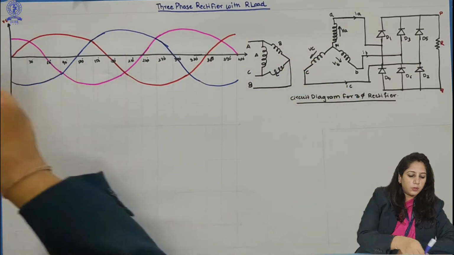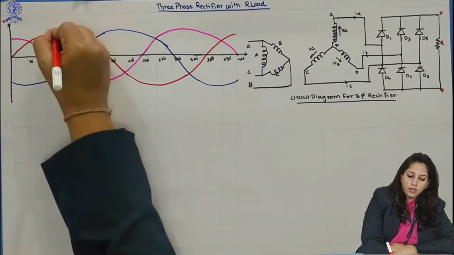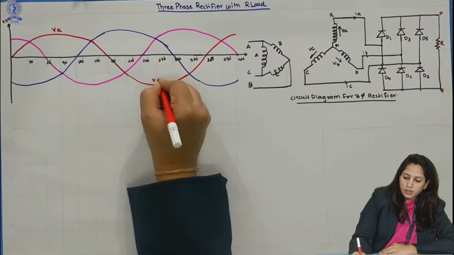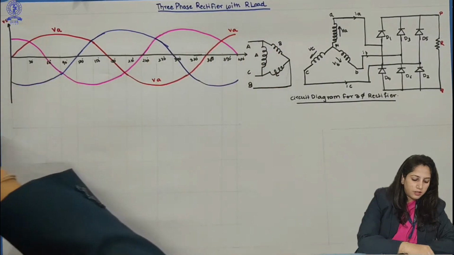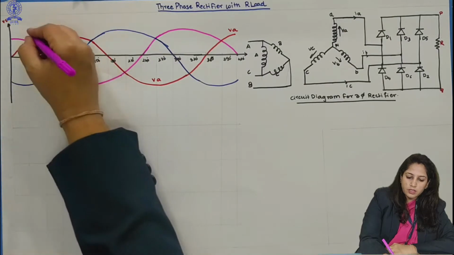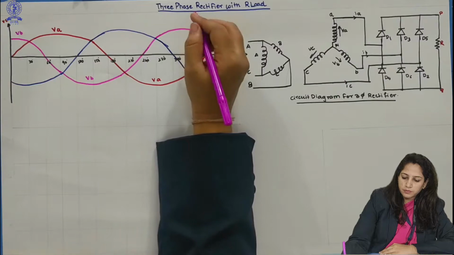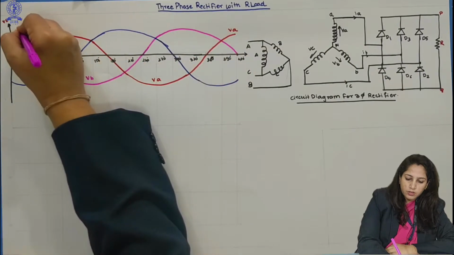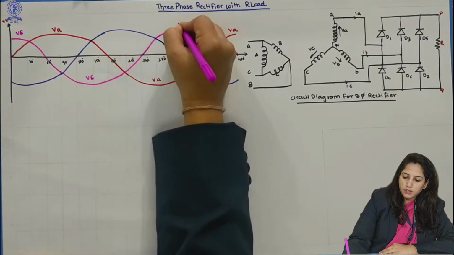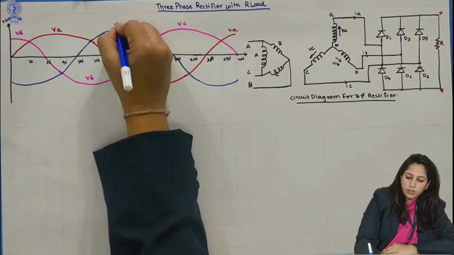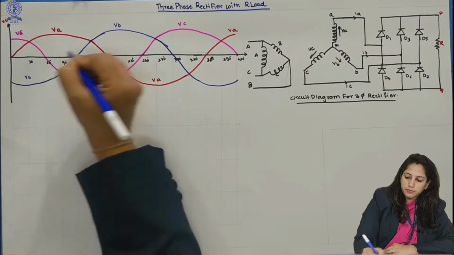Suppose I call this VA, then I will call the next one VB or VC, and for blue I will call it VB.